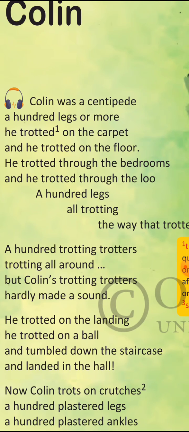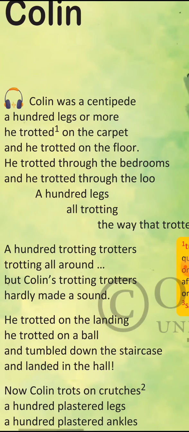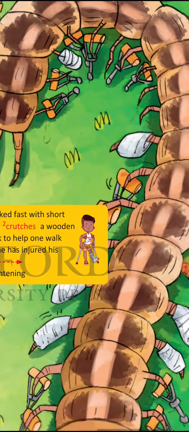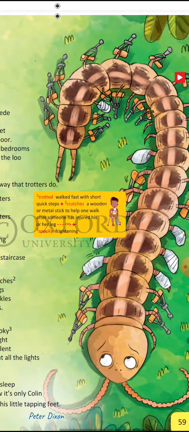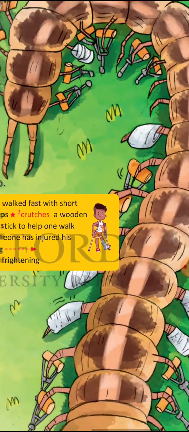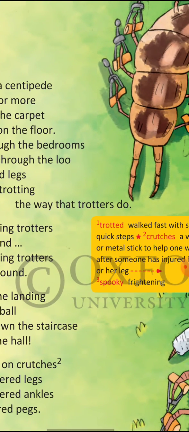How many legs did Colin have? 100 legs. Can you see in this picture how many legs it is having? Here, it's having 100 legs. So, with 100 legs, it was trotting all the way that trotters do.